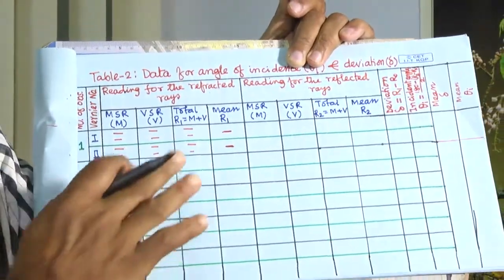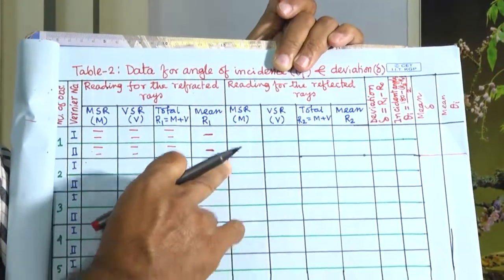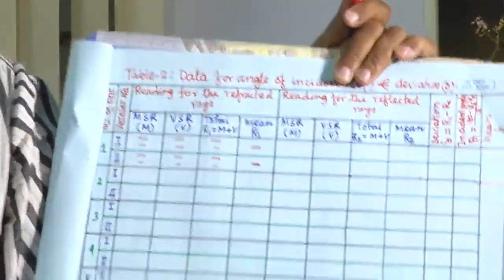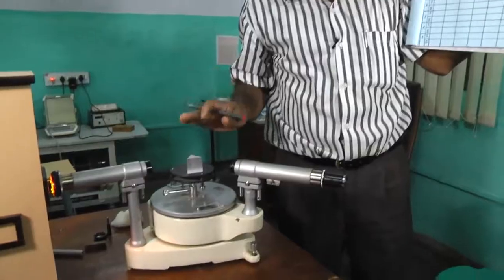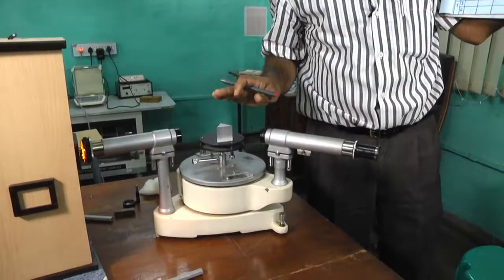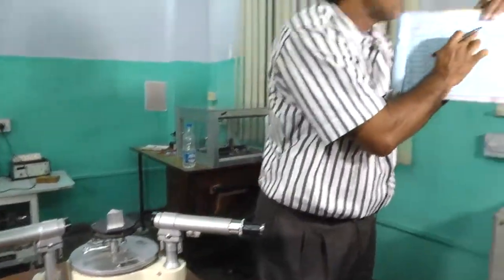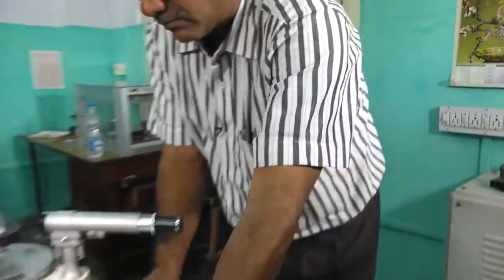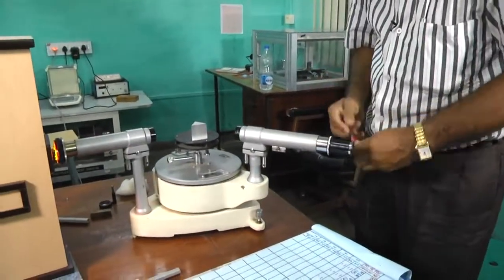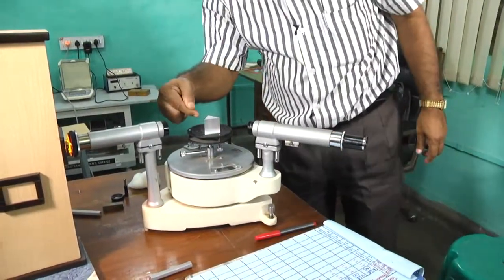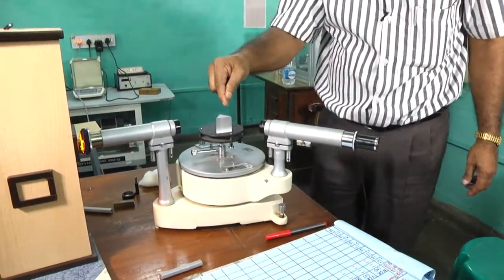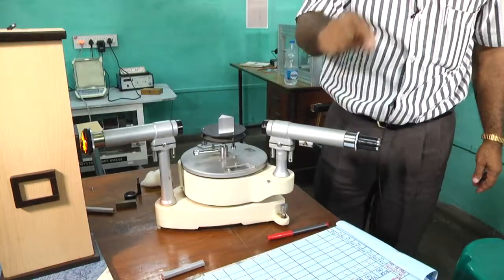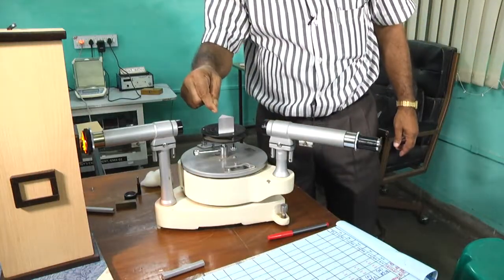Okay. So now I have to take the reading for this incident angle for the reflected rays. Okay. Now reflected rays. So this is the refracting surface. So one part is refracted and another part is reflected.